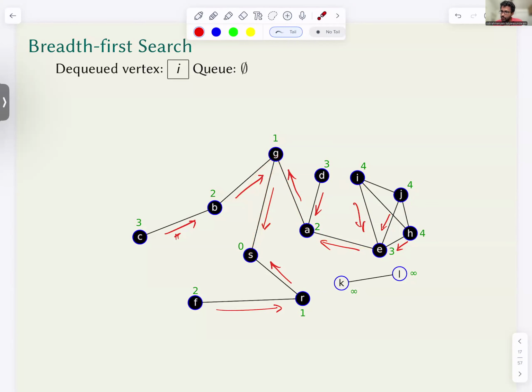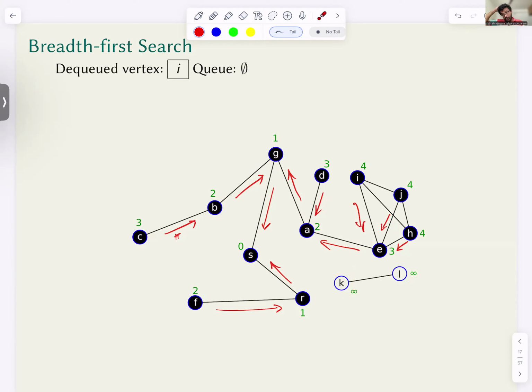And not just that, you can recover the shortest path: if you want the shortest path from S to B, you look at the pi value at B, it is G, and the pi value at G is S. So you can recover the shortest path by following these pi values. The pi value leads us back to S from wherever we are, assuming there is a path from S to that vertex. For K, there is no pi value because K is not reachable from S.